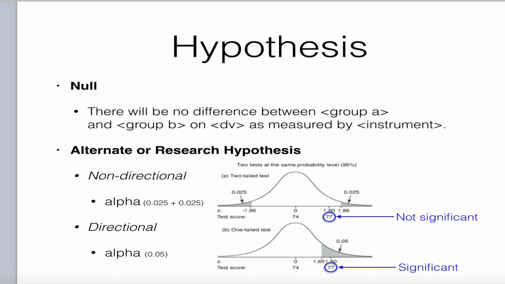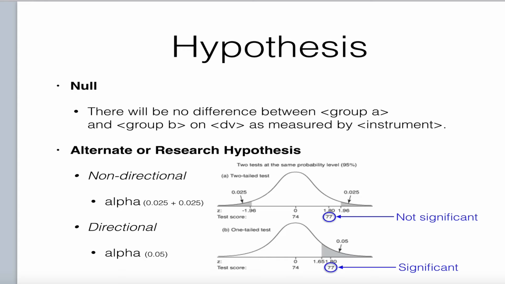You can write the null hypothesis in the following way. There will be no difference between group A, whatever that is, and group B, whatever that is, on the dependent variable as measured by whatever instrument that you're using to measure it. If you have more than two groups, then you would phrase this as follows.